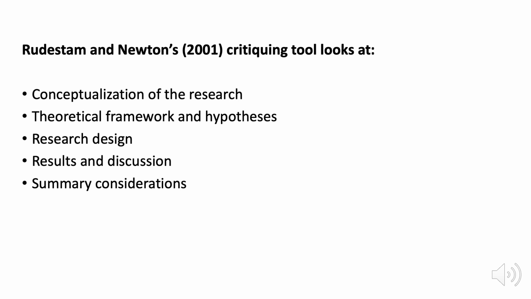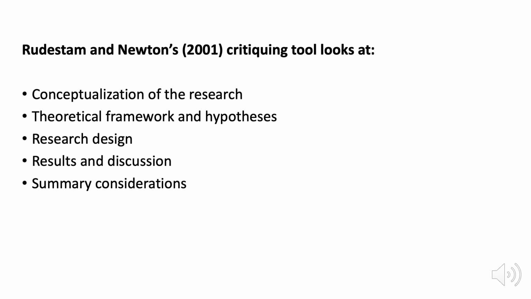According to Rutzman and Newton, a critiquing tool looks at five aspects of a research study. First, it examines the conceptualization of the study, how well it has been conceptualized. Secondly, it assesses the theoretical framework and evaluates the hypotheses. Thirdly, it looks into the design of the research and evaluates its potential strengths and weaknesses.